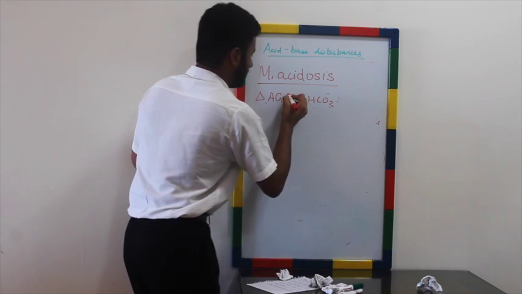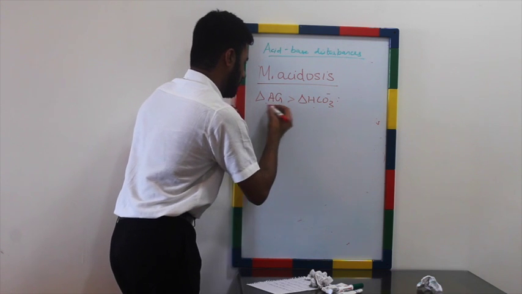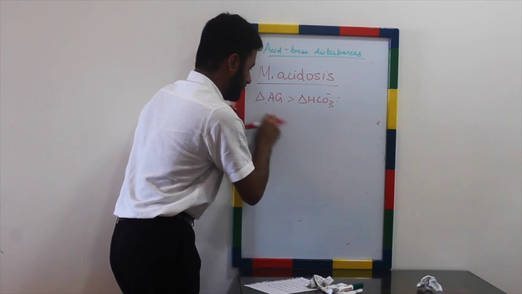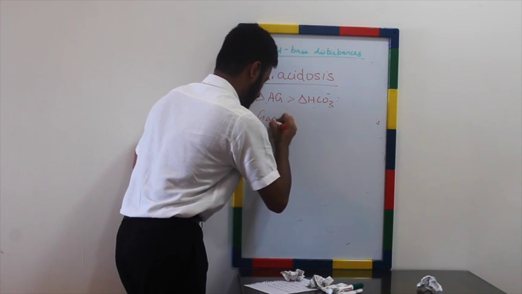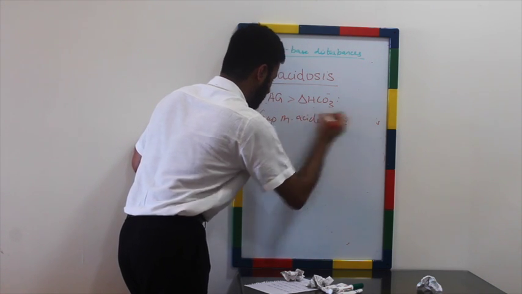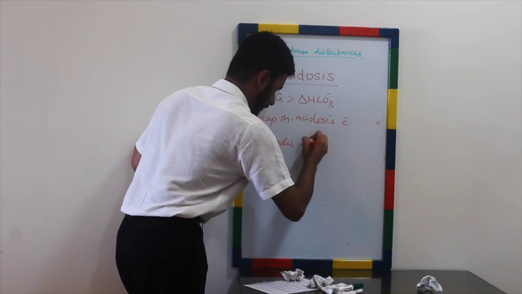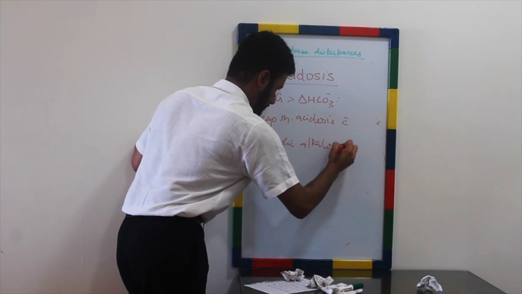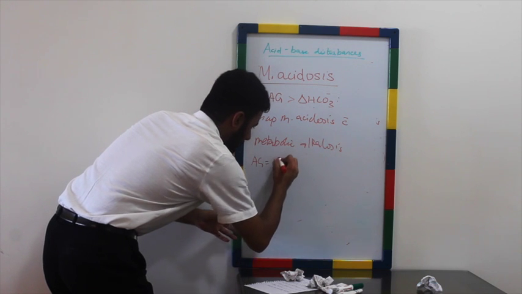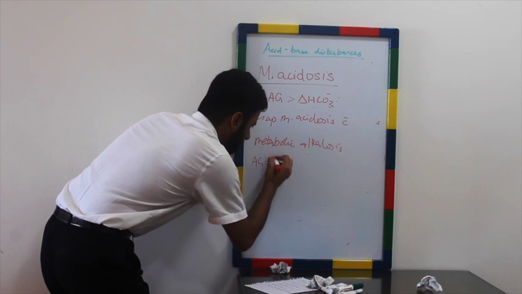So let's say now the delta anion gap is greater than the delta bicarbonate. This is a high anion gap metabolic acidosis with a metabolic alkalosis. Very simple. Now let's say in a patient the anion gap is 20.